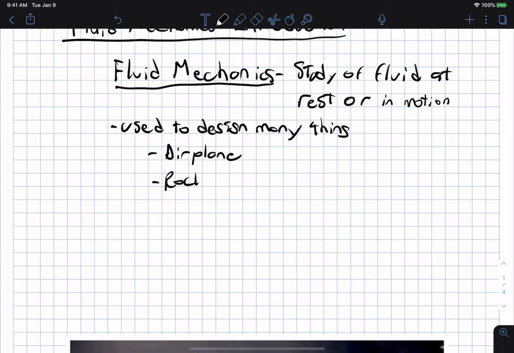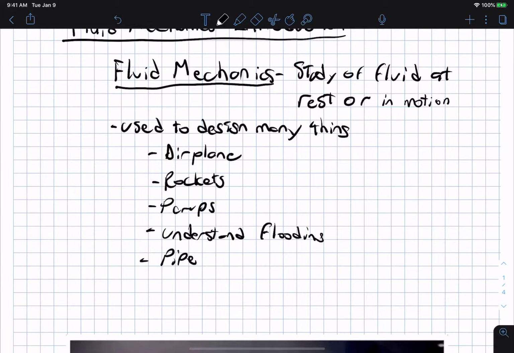Rockets, pumps, it can be used to understand flooding. It can be used to design pipe and sewer networks, which doesn't sound like the most fun thing in the world to work on, but it is crucially important for everyday life. Tsunamis.